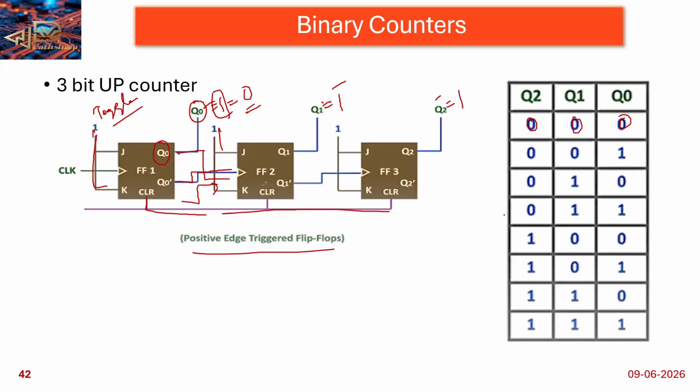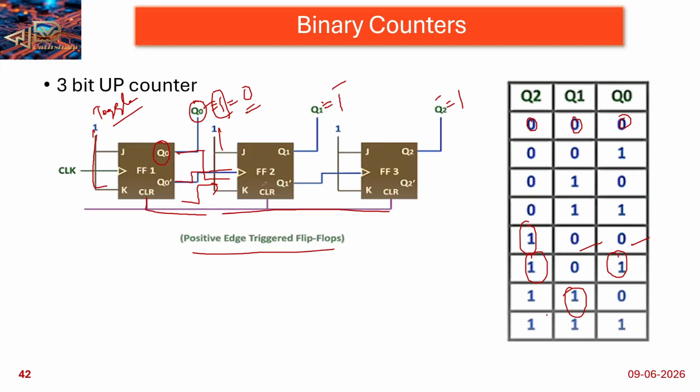Q1 and Q0 will be 0, because both were ones in the previous cycle. After that Q0 will be toggled, then Q2 toggled, and so on.